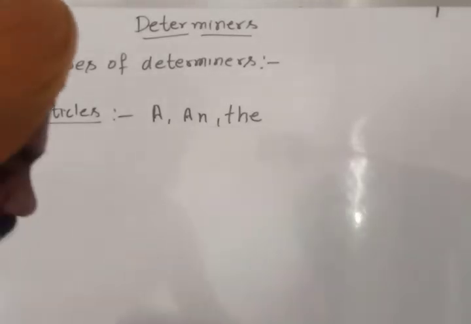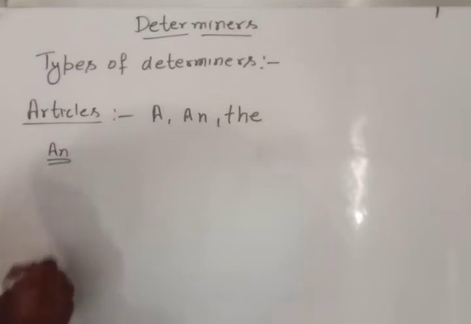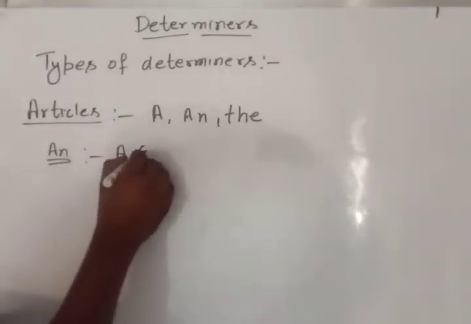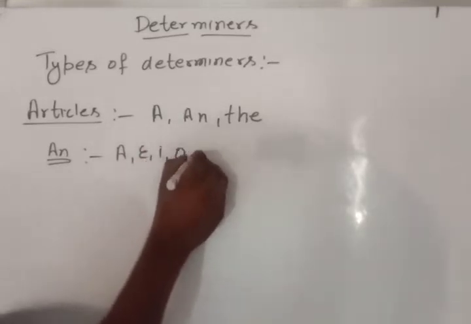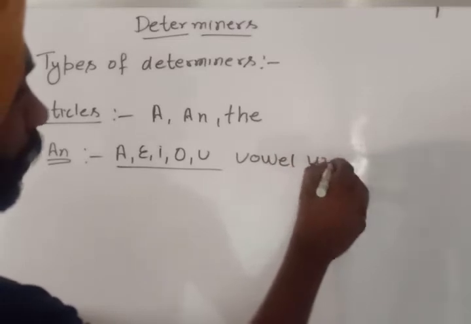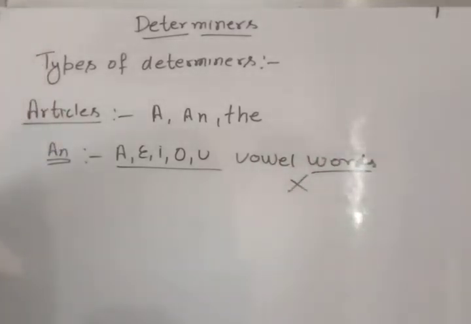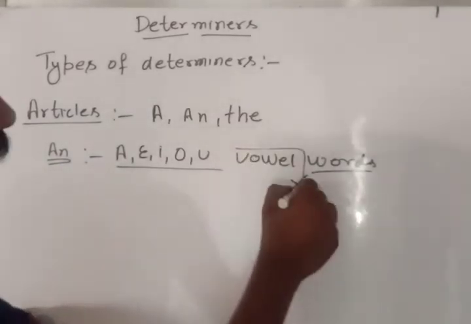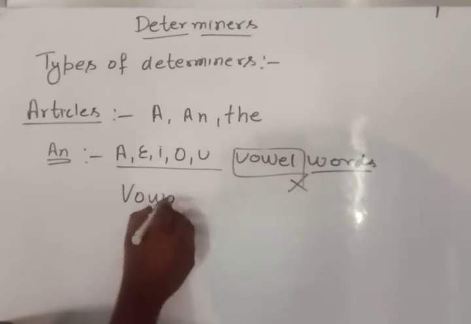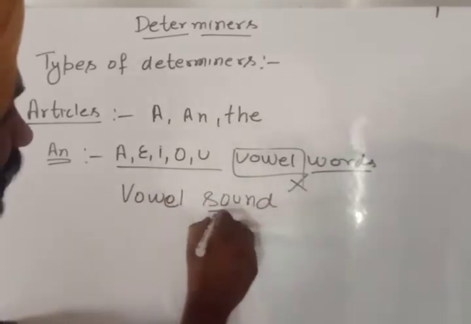So some students might have a problem with an, because students mostly follow A, E, I, O, U vowel words, but this is completely wrong. What we need to follow is the vowel sound.